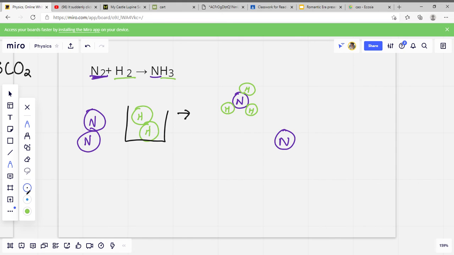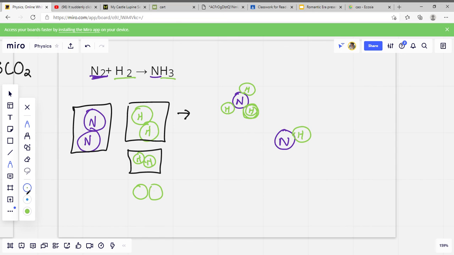Alright, so there's only 2 in that molecule. This had 2 N's. So we're going to have to make another hydrogen, H2 here. That'll give us this one that we were missing, plus 1 more. We're going to need 2 more. So if we added another hydrogen, that would give us 2 more.